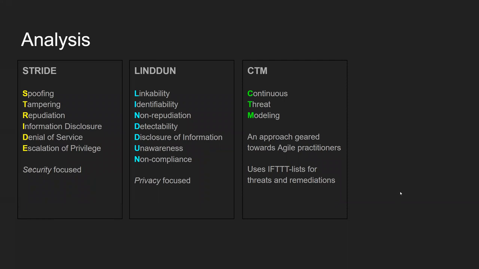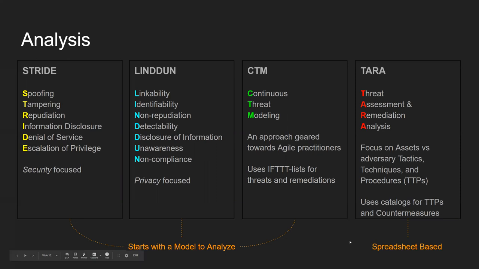Excellent. So as I mentioned, these all start with a model, right? So these are primarily graphical based or model based, and then they lead into analysis. By comparison, we have something like Tara. Tara gives you heartburn sometimes.